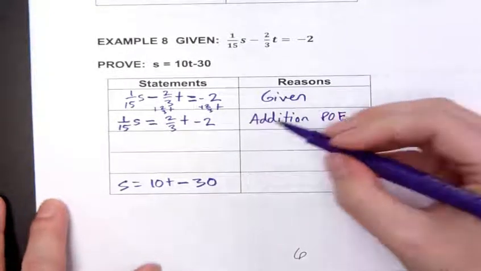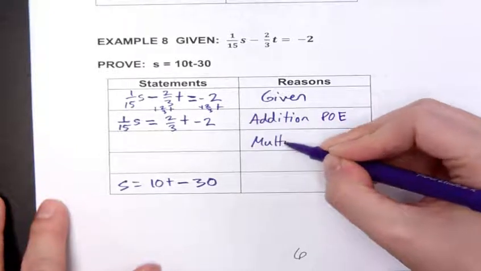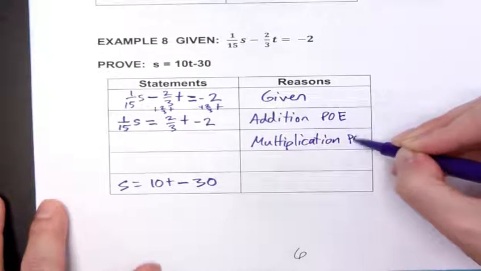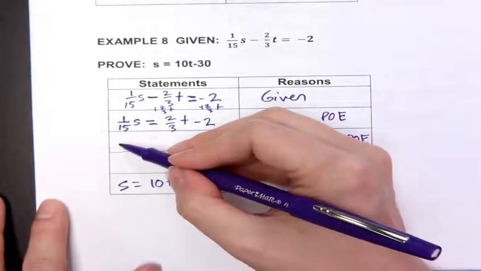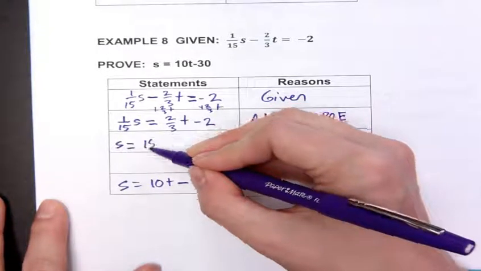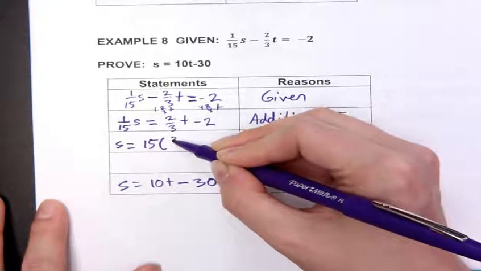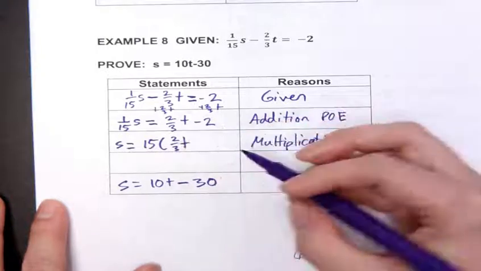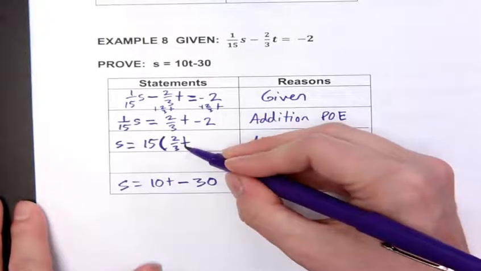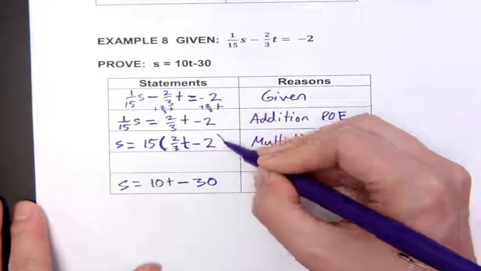And then I'd multiply by 15. So s equals 15, and then I'm going to do the parentheses because there's two terms there, so 2/3 t minus 2.